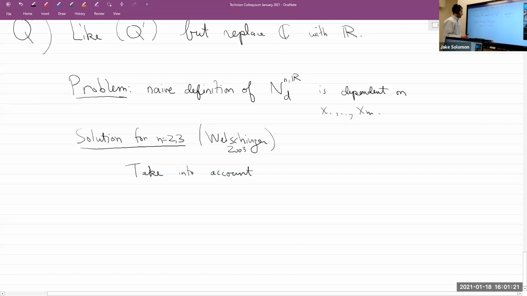So take into account the relative orientation of EV, and this leads you to count some curves with pluses and some curves with minuses.